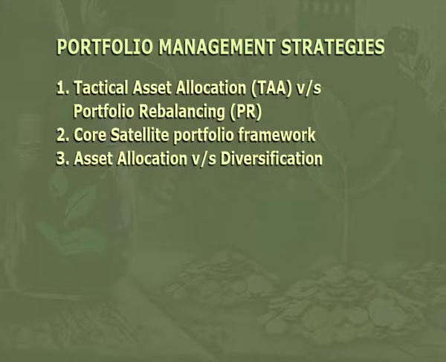Now, asset allocation versus diversification. The US Securities and Exchange Commission defines asset allocation as dividing an investment portfolio among various asset categories such as stocks, bonds, and cash. Such allocation largely depends on the individual's capacity to take risk and the time he requires to achieve his financial goals.